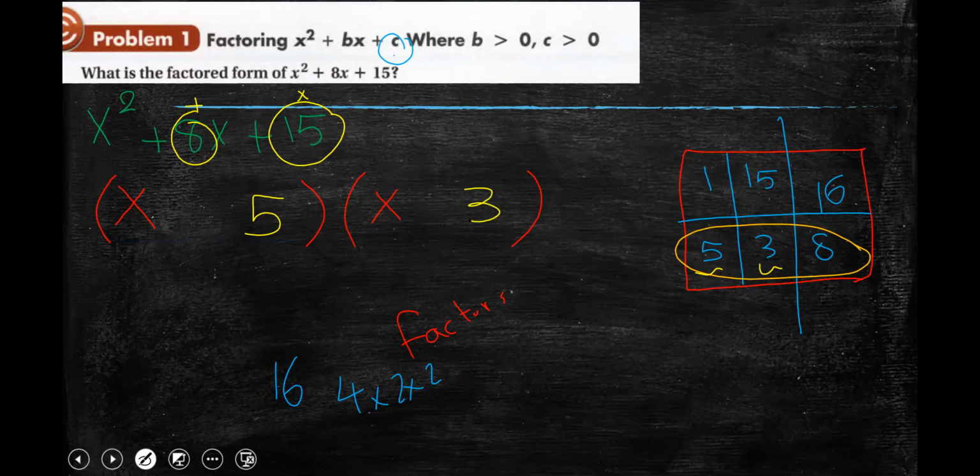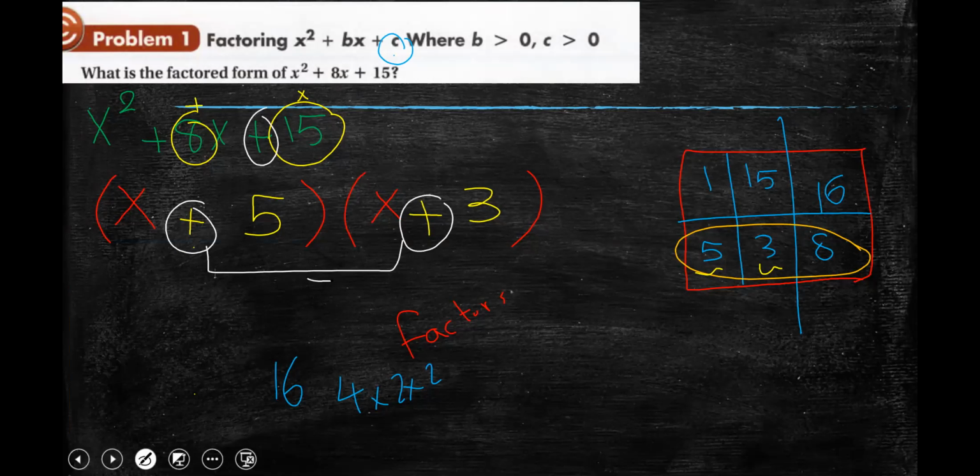Now, positive 5 multiplied by positive 3 gives 15, and added gives positive 8. Since they are plus plus, I will put them here as plus plus. Why? Because if you multiply plus times plus, you get a plus sign, and also if you add them, you get a plus sign.